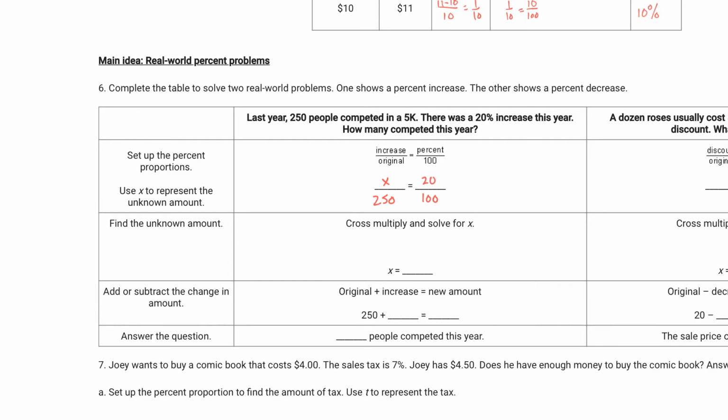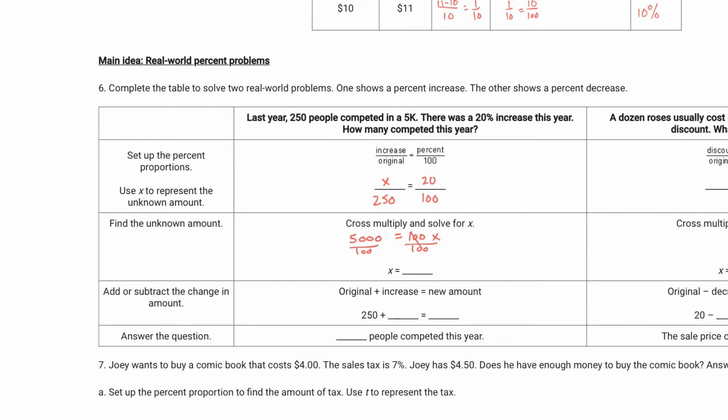And so we cross multiply. And 20 times 250 is 5,000. And x times 100 is 100 times x. And so if I divide by 100, I'll know what x is.